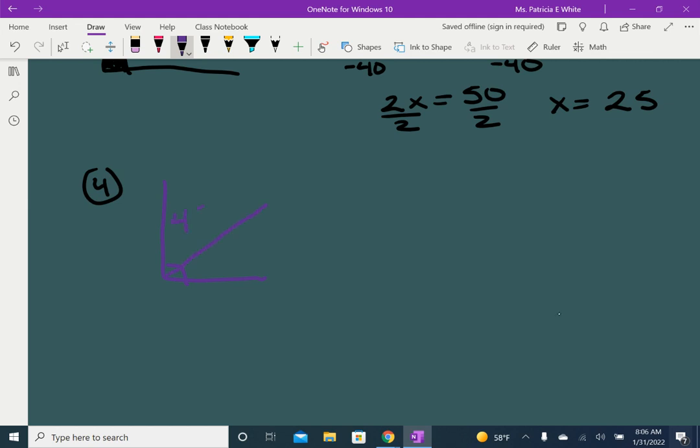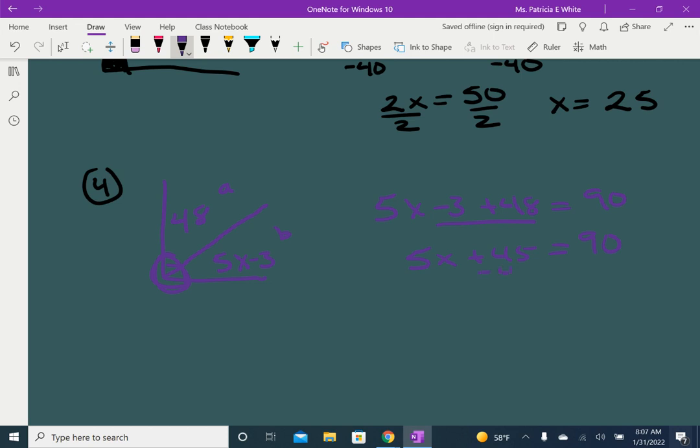It says 48, and it says 5x minus 3. A plus B equals 90. So 5x minus 3 plus 48 equals 90. Like terms, 5x plus 45. That's a negative 3 and a positive 48, so we got to subtract.